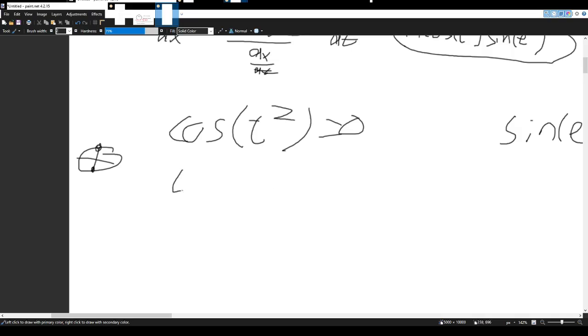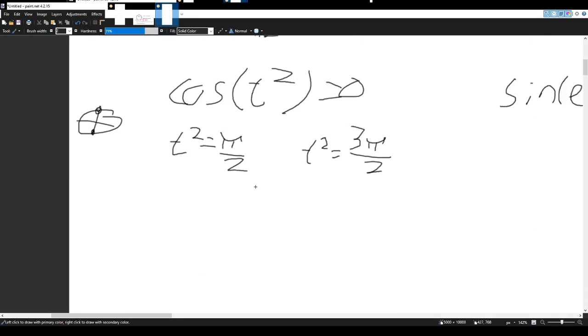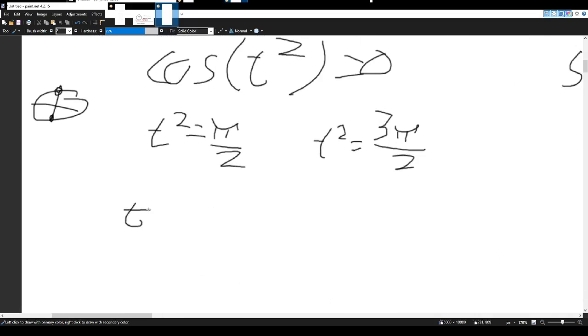So t squared equals pi over 2, or t squared equals 3 pi over 2. Of course, it can't be negative because we're squaring it. Anything more would take t greater than 1.5, and we want only from 0 to 1.5 or 2. So we're looking at t equals root pi over 2 and t equals root 3 pi over 2.